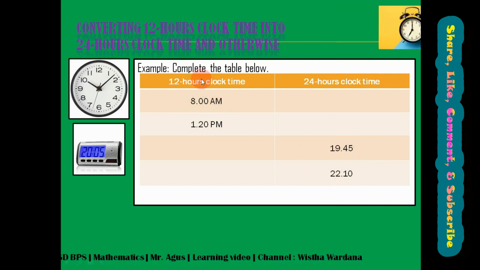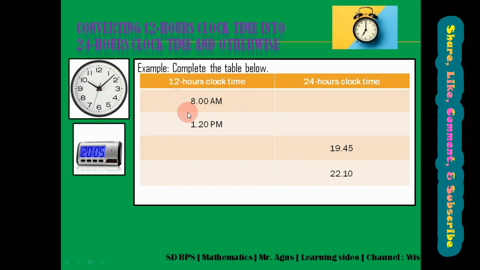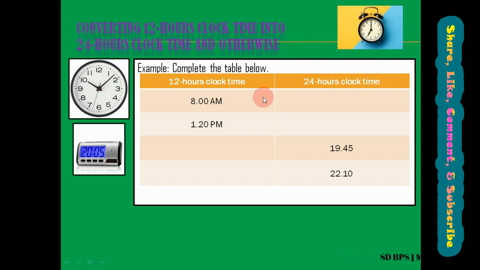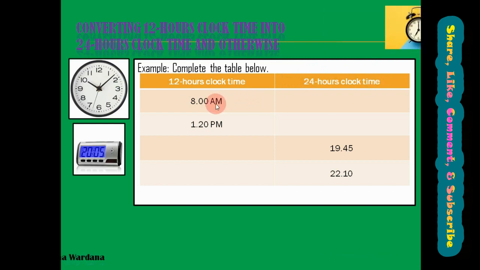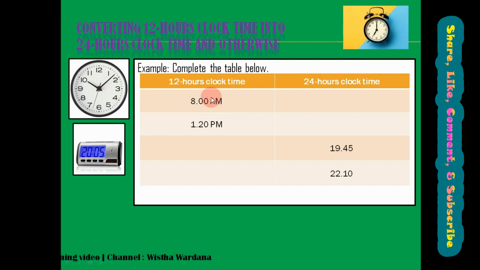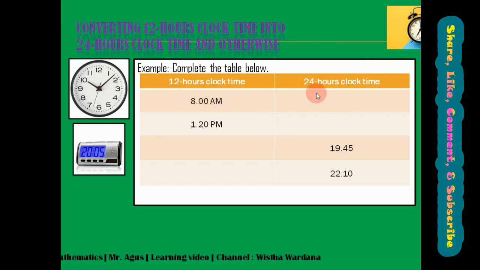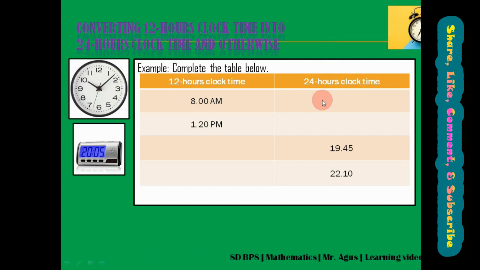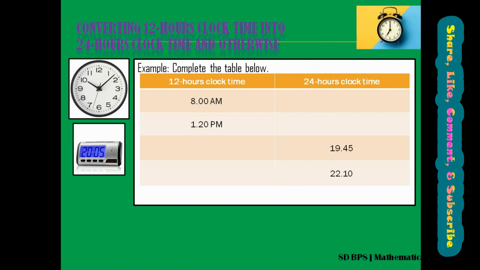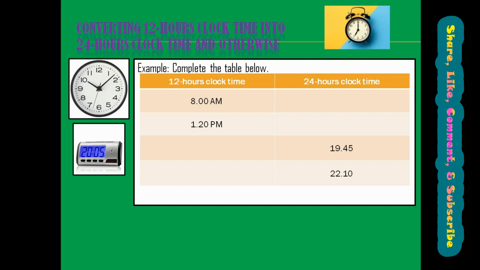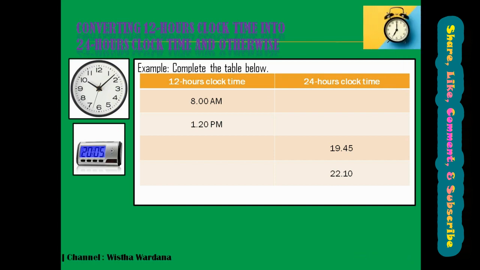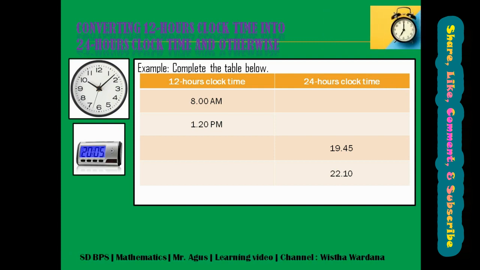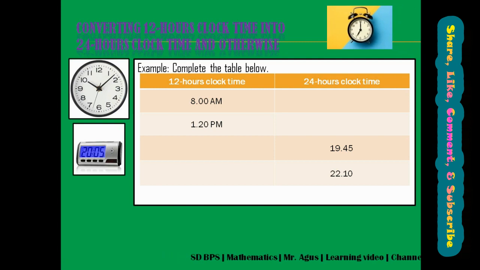And number 1, if you want to change 8 o'clock AM into 24-hour clock time, this is so easy, because you just rewrite 8 o'clock AM into 24-hour clock time as 8 o'clock also, without putting AM or PM. But remember, you have to write the time in 4-digit numbers. So the answer will be 0800.